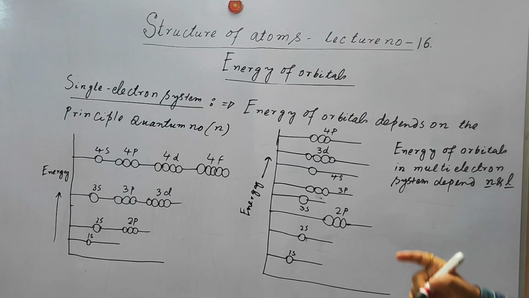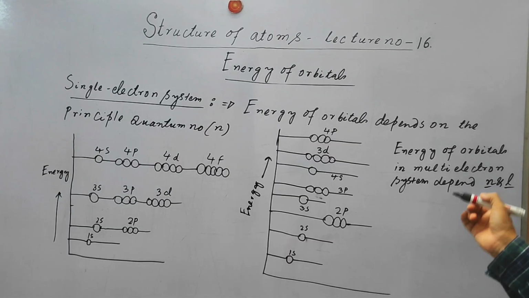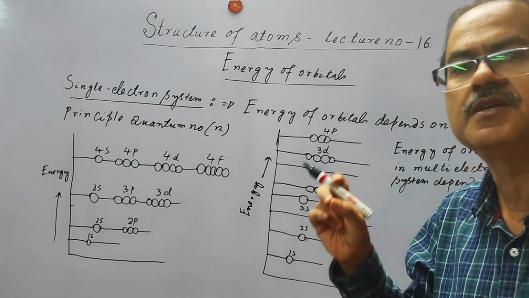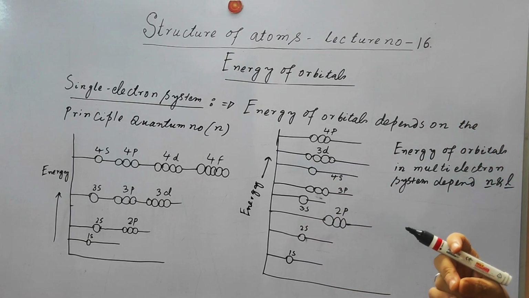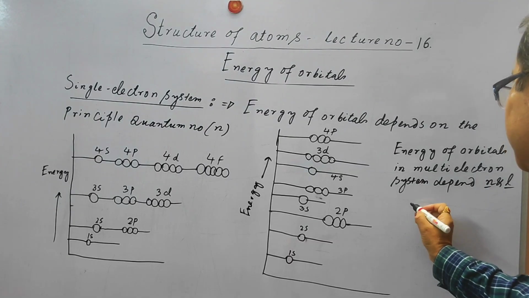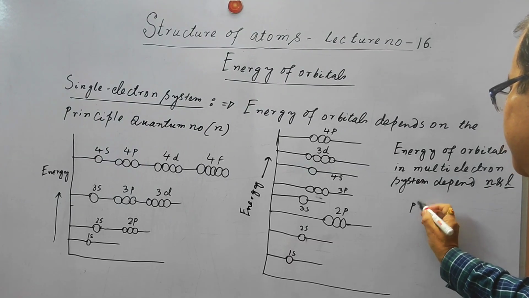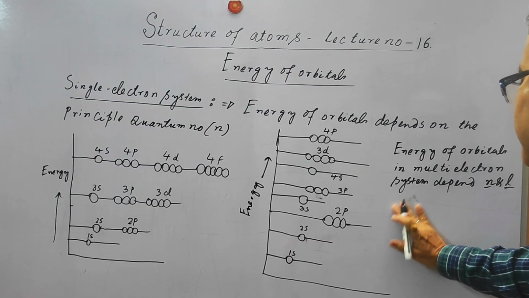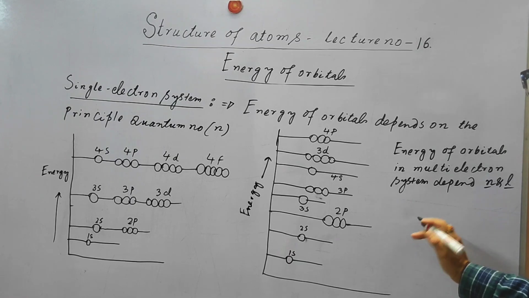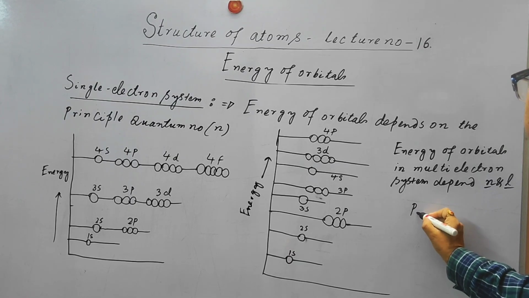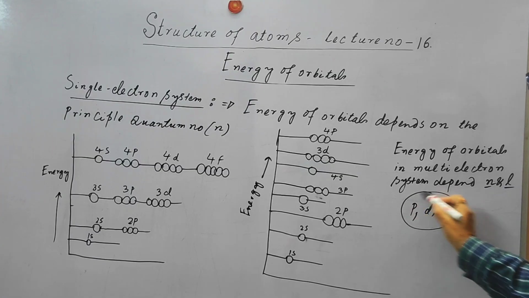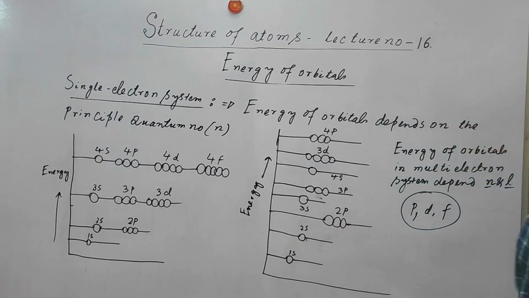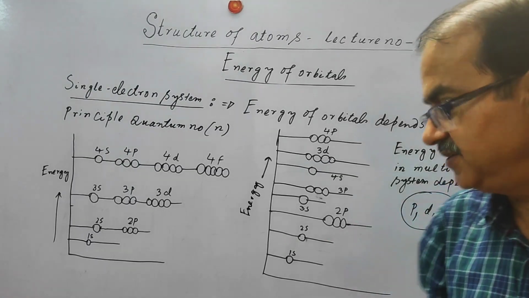You can see the orbitals in the different subshells, that is s, p, d and f, and you can see there is an increase of the energy.